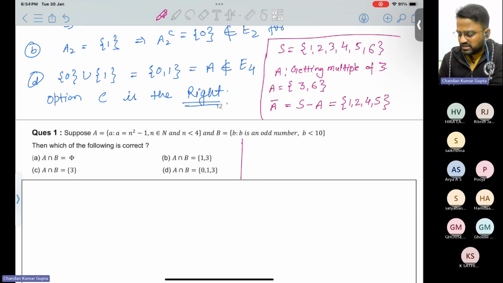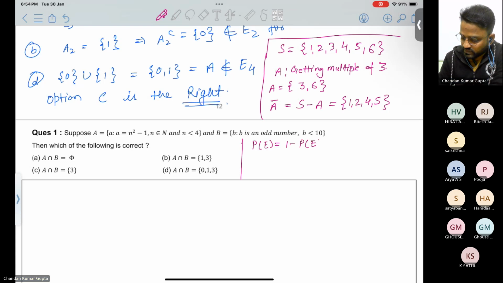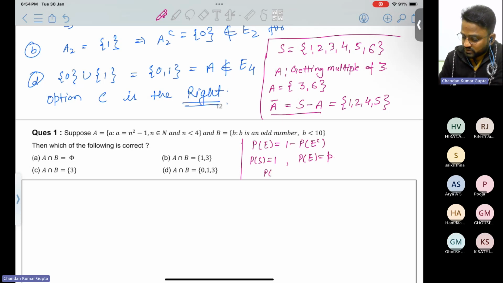Above, we learned about probability: the probability of any event E is 1 minus the probability of E complement. This is the same, because the probability of the sample space is 1. If we consider the probability of an event to be P, then the probability of E complement plus the probability of E equals 1.